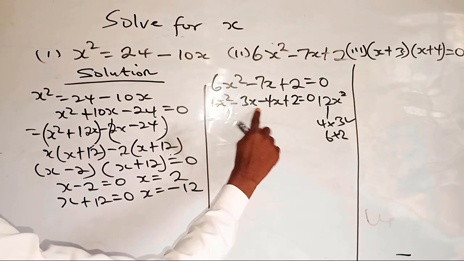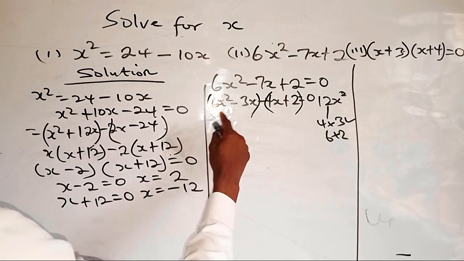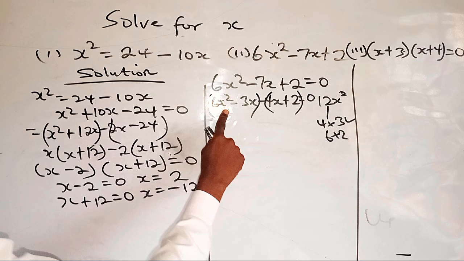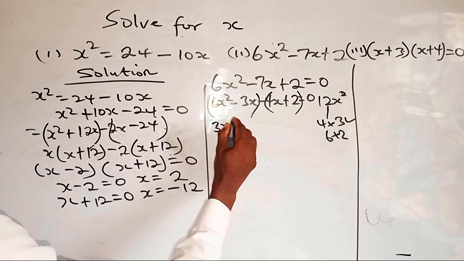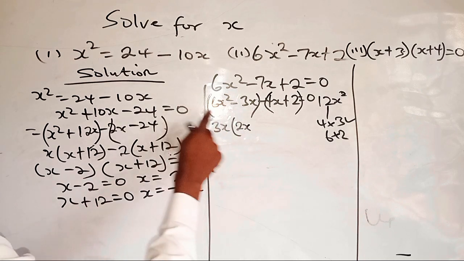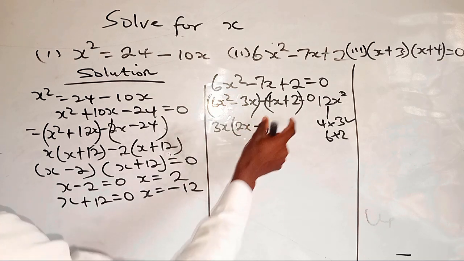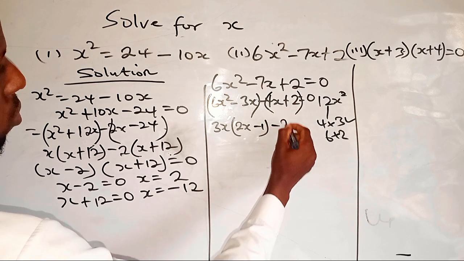From here, I can now group it. When I group it, I look for the common factor, which in this case is 3x. So I have 3x into 2x minus 1. 3x times 2x is 6x squared. When I come here, I have 4x and 2, so 2 is common.